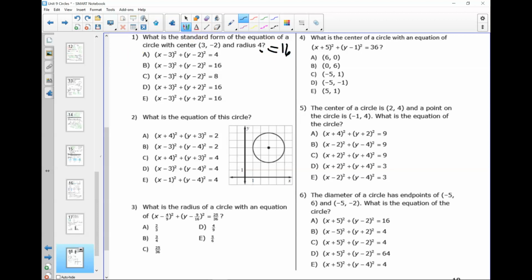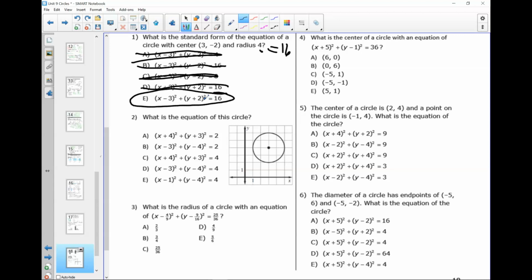Because of that, we can cross off every answer that has something different than equals 16. Then it's going to be x minus 3. That leaves 2 answers, and then it's going to be plus 2. Sometimes knowing a little bit of information allows you to eliminate the wrong answers, and it can lead you to the right answer.